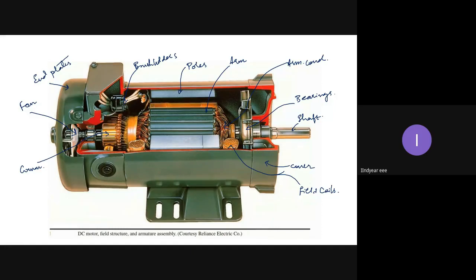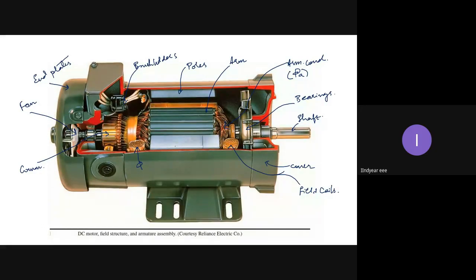Now, when the conductor starts carrying current in the armature, it will create its own flux, phi A. This flux phi A will react upon the main flux phi produced by the field.